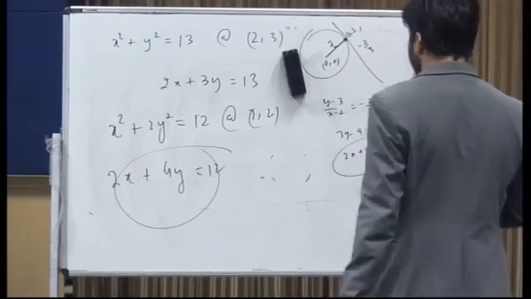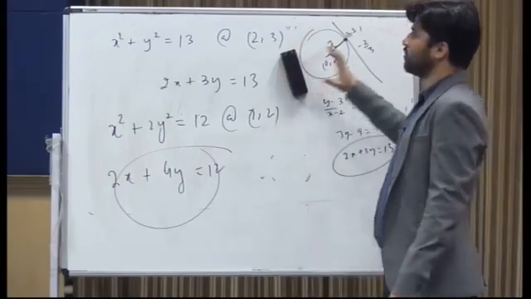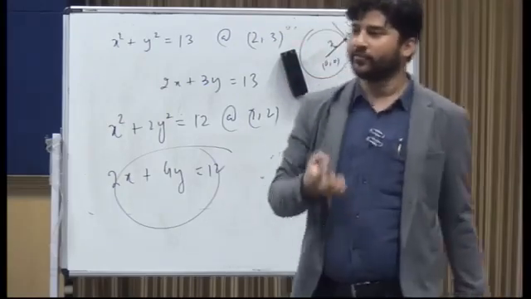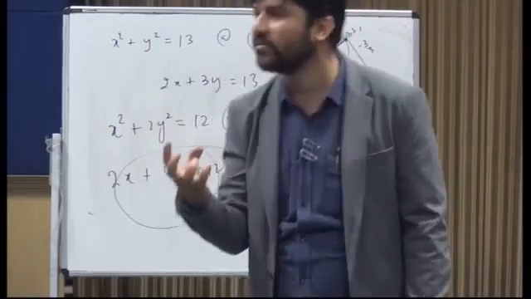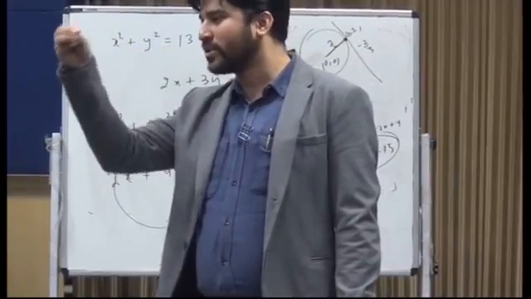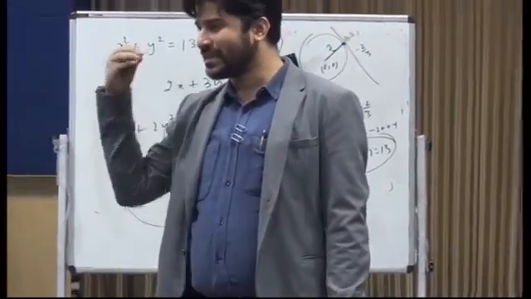So what we learned here is that for writing a tangent, you have to see the expression of S. S is the equation of the curve. You have to keep the equation of the curve as it is with a slight change.